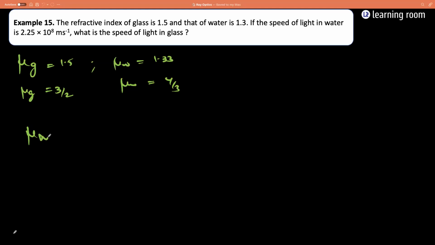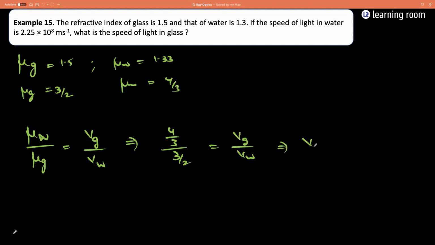So refractive index of water divided by the refractive index of glass is equal to speed of light in glass divided by the speed of light in water. Right? Because refractive indices are inversely proportional to speeds, which implies 4 by 3 divided by 3 by 2 is equal to Vg divided by Vw, which implies Vg is equal to 8 by 9 into Vw. Vw is going to be 2.25 into 10 power 8.